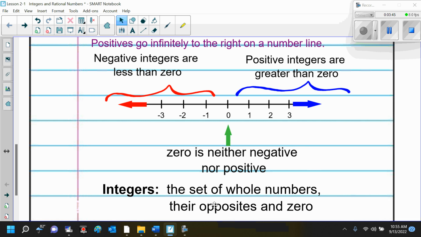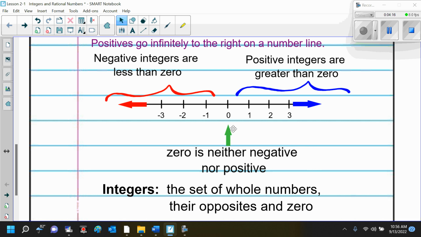So it's the set of whole numbers. Their opposites. So the opposite of 1 is negative 1. The opposite of 2 is negative 2. The opposite of 3 is negative 3, and so forth, okay? So integers are all of the positives, their opposites, which are these, and 0. Those are all of the integers.